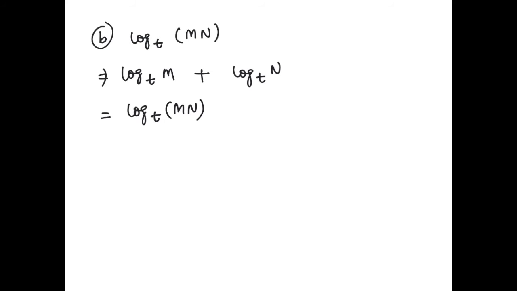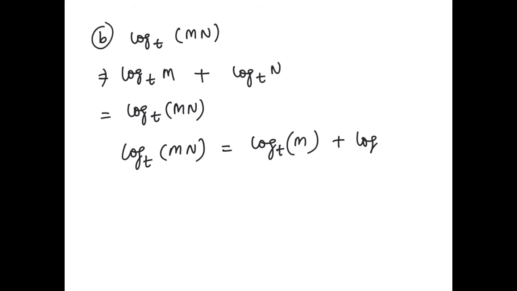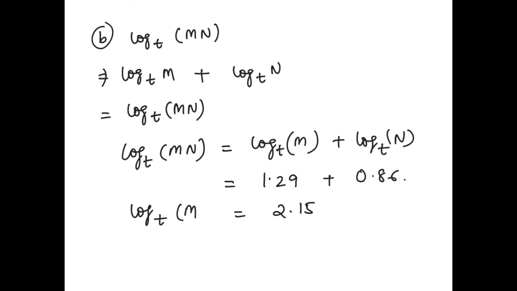So log T of mn will be equal to log T m plus log T n. Let's put the values. Log T m is 1.29 plus log T n, we just calculated it's 0.86. If you add them, it will be 2.15. So log T of mn will be 2.15.